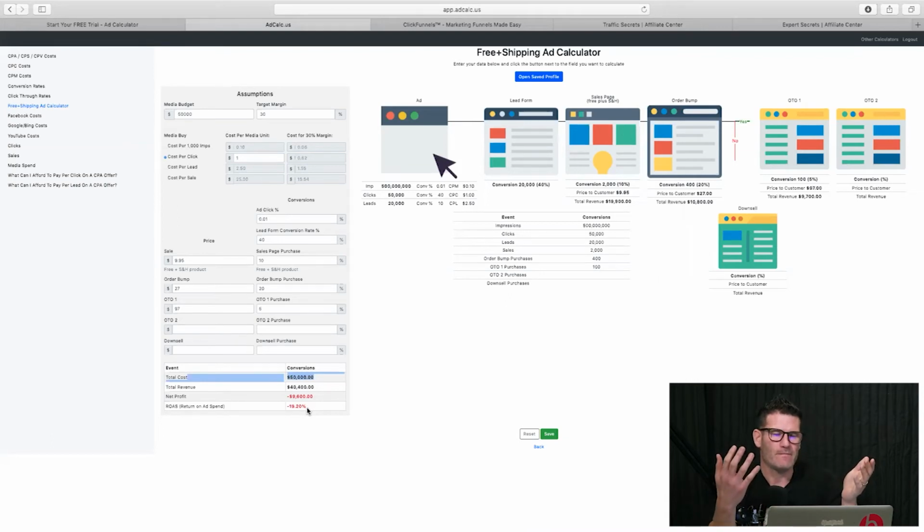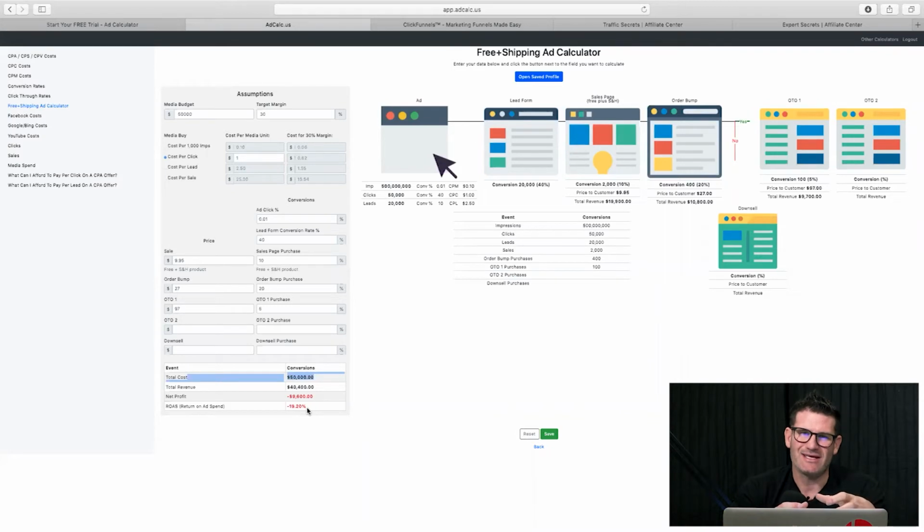Well, a few things. One, we know the goal here for any free plus shipping offer is you want to break even. You don't need to make money on your free plus shipping offer because the end result is that you're using this as your front end low ticket to build your list.